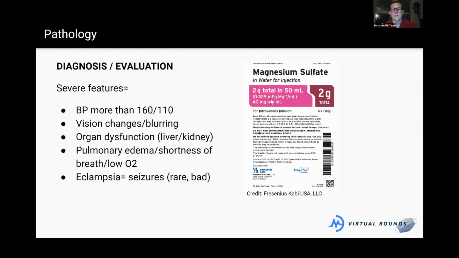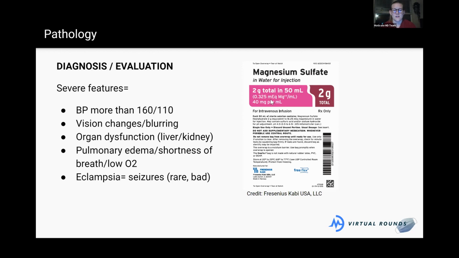We talked a little bit about the swelling and how the increased blood pressure can cause forcing fluid out of the blood vessels and into the tissue. That's the same mechanism for why you would maybe get pulmonary edema or fluid in the lungs. And that can cause shortness of breath and low oxygen because you're not able to get air from the lung space into your blood.